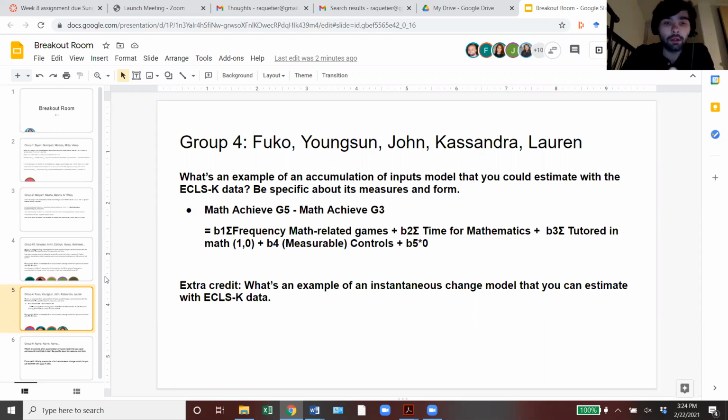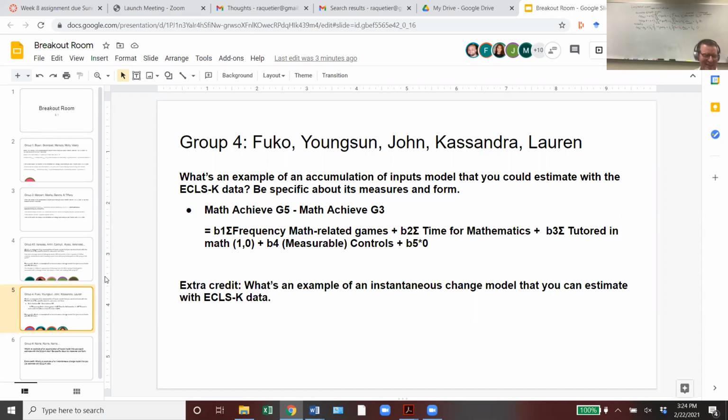As you can see, we're kind of trying some things out. We know that the categorical variable will likely get canceled out when we're doing the final subtraction, but we think that the frequency of math games, the time for mathematics, and the measurable controls will still remain. And we were not able to get to the extra credit.